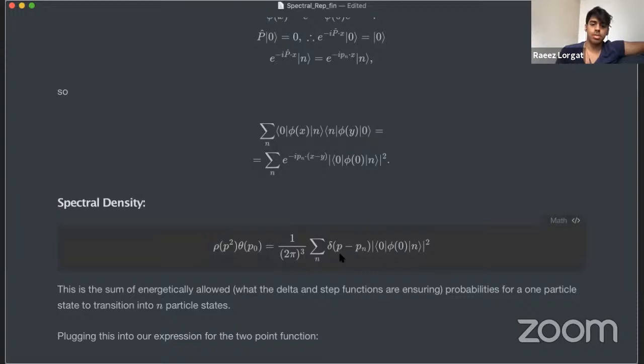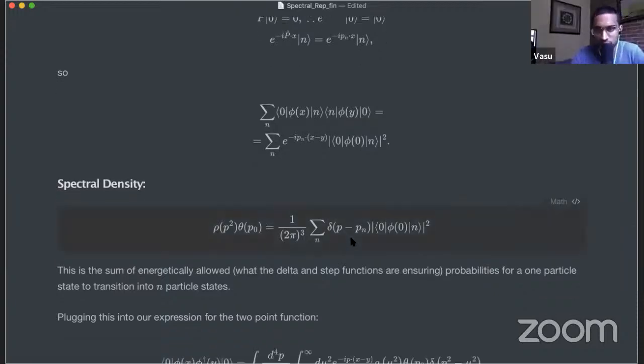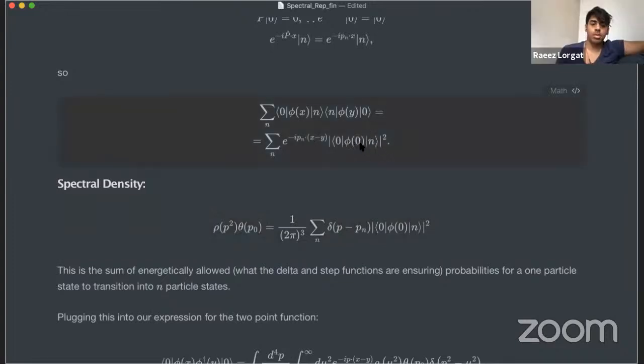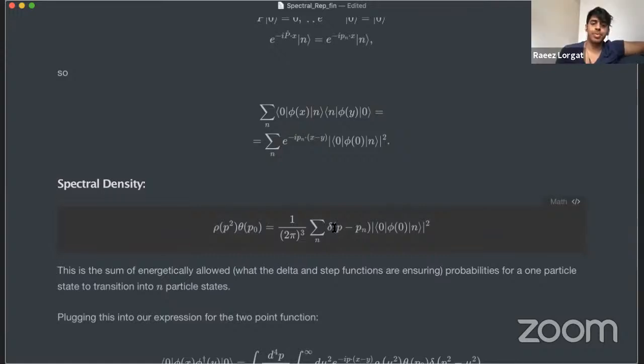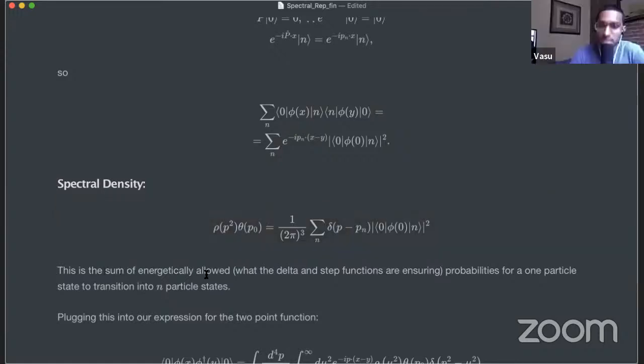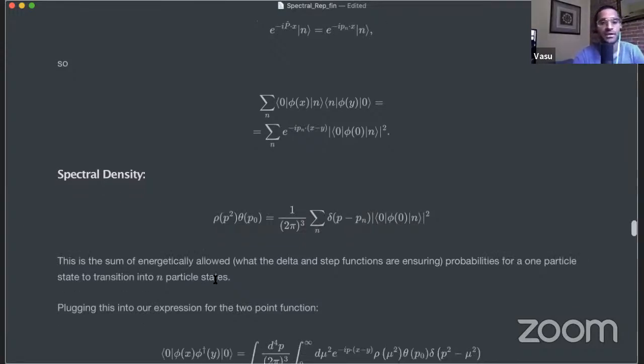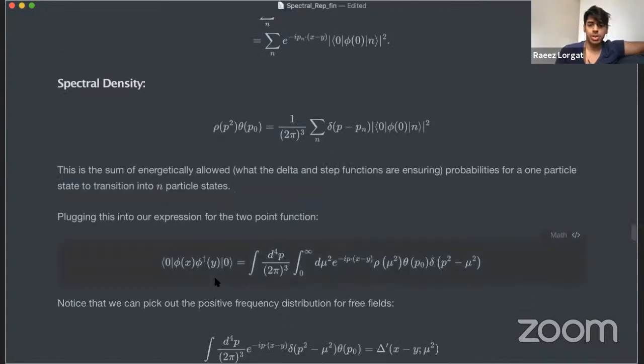You see, because of the conservation of energy momentum, to look at these transitions and have intermediate states be physical, be on shell, you really need to introduce these delta functions here. So this is basically the sum of energetically allowed probabilities for a one particle state to transition into an n particle state, over all possible such states.